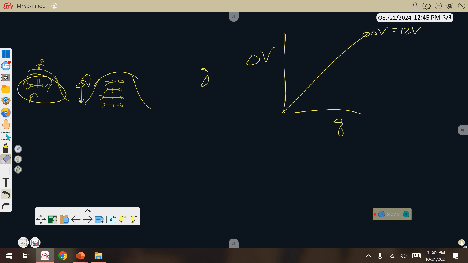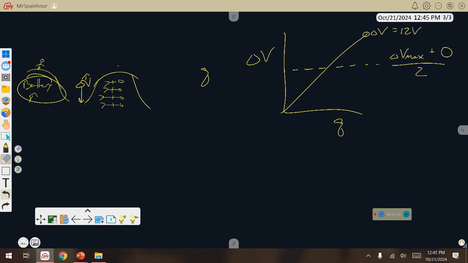Since this is linear, what we can do is use an average. The voltage is not constant, but the average is. How do you get the average? We would take delta V max plus the minimum, divided by 2.